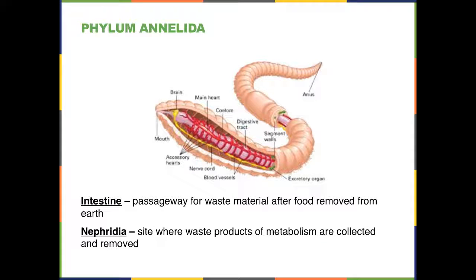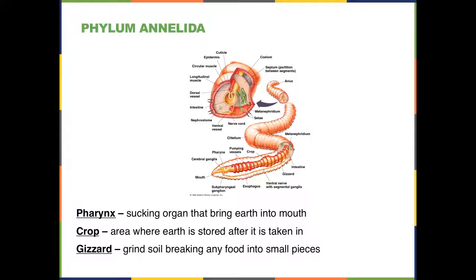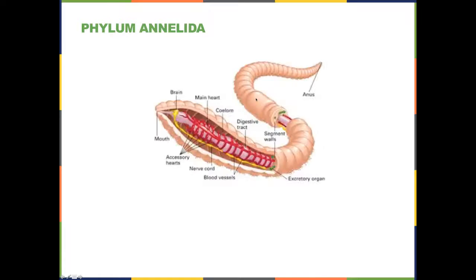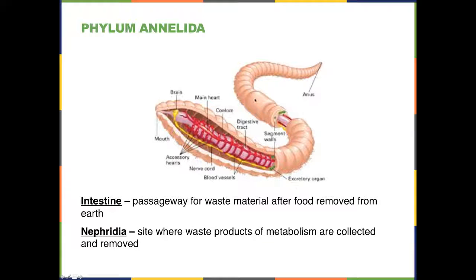Now, actually, probably on the previous slide is a better picture of this. We have what's called the nephridium. Here's the metanephridium here and here. And I'm just looking to see if there's a better picture of this, but there really isn't. It shows here what the metanephridium is, and that is the area, what we would think of as a kidney.